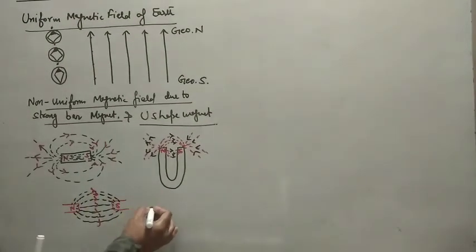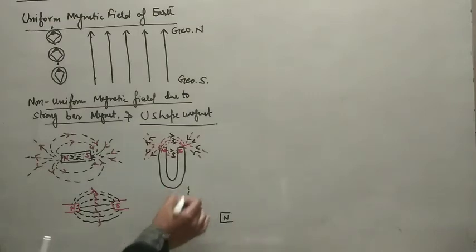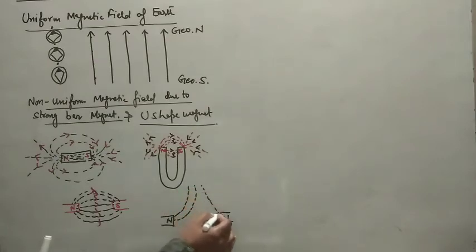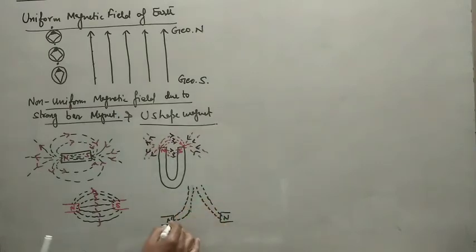Suppose you have opposite polarity facing each other. Opposite polarity. So in this way, magnetic field lines will come from north and will be repelled by the magnetic field lines of another north in this way.